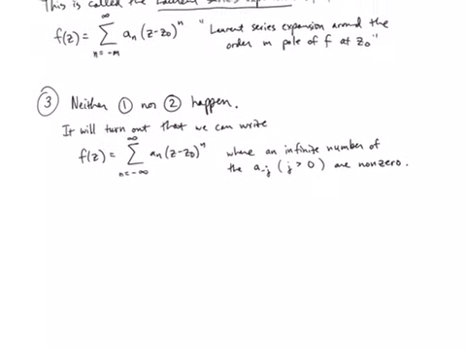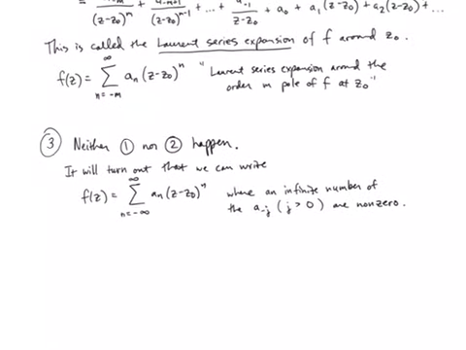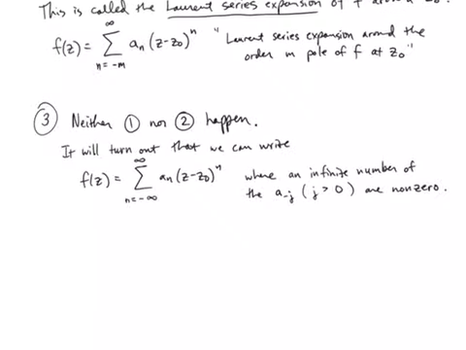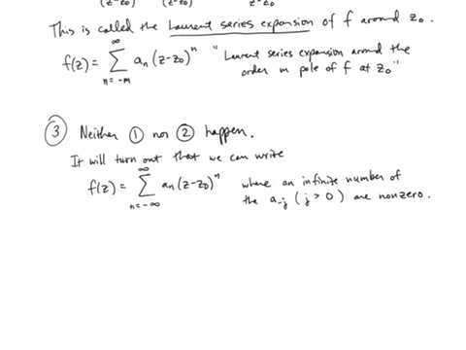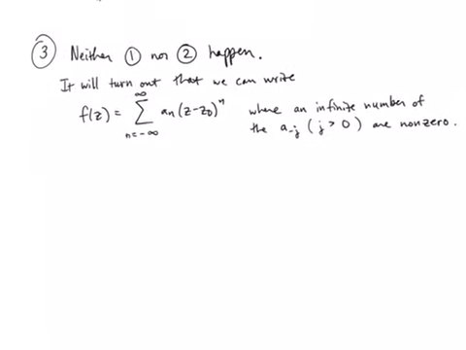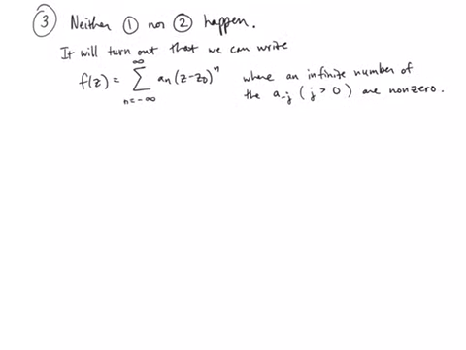So the craziness of the behavior as z goes to z naught is due to an infinite number of these negative powers in the Laurent series expansion of f around our singular point. That's a preview of something we'll get into later.